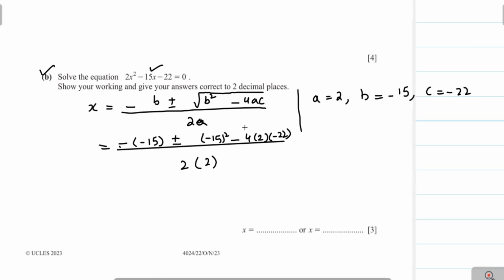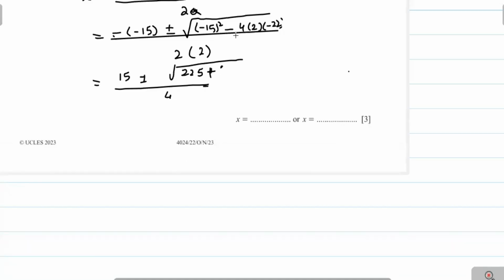We take the square root of this, and this value will be equal to 15 plus or minus the square root of 225. 15 squared is 225, minus minus 4 multiplied by 2 multiplied by minus 22, this will be equal to 176, and we can write it as 15 plus or minus the square root of 401 divided by 4.